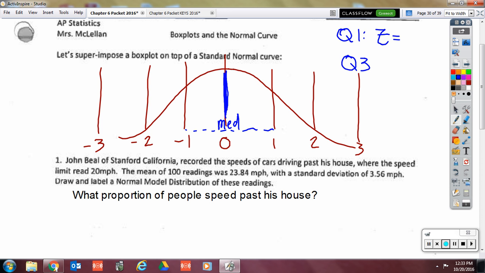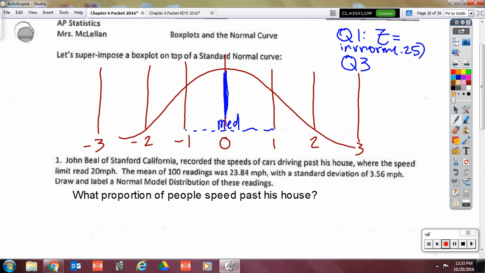Aha! Inverse norm of the area below is the z at that spot. What percentage is below Q1? 25%. Always. So that means inverse norm of 0.25 is going to be the z-score of Q1 always.